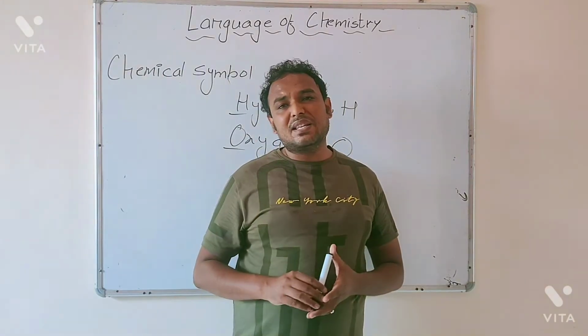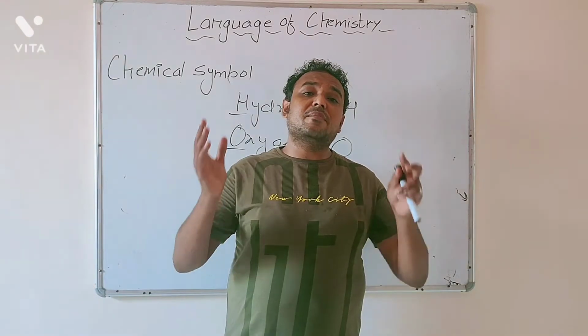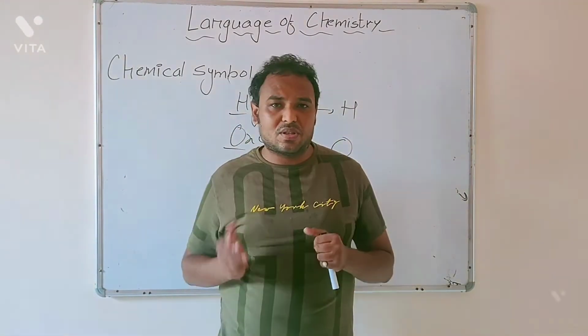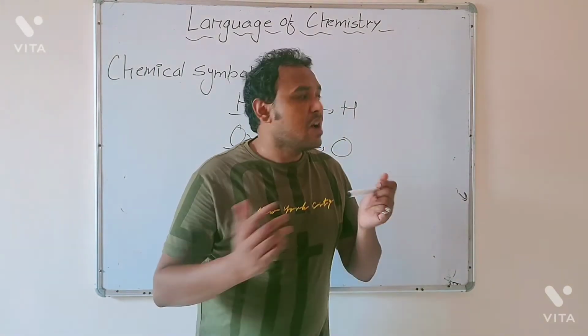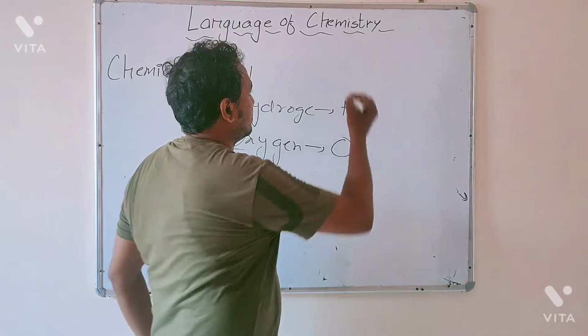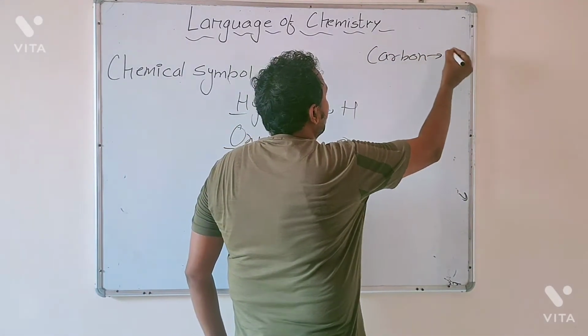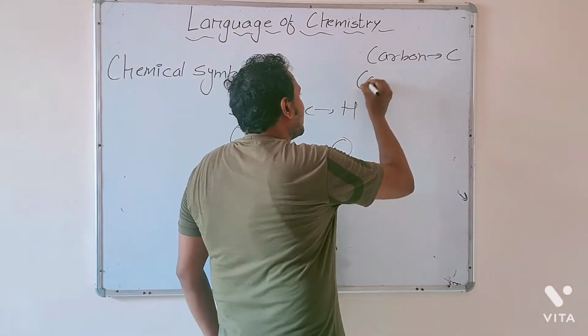Second way: there are some elements which have the same first letter in their English names. So he used the first letter followed by the second or third letter. For example, carbon. The symbol of carbon is C. Calcium.